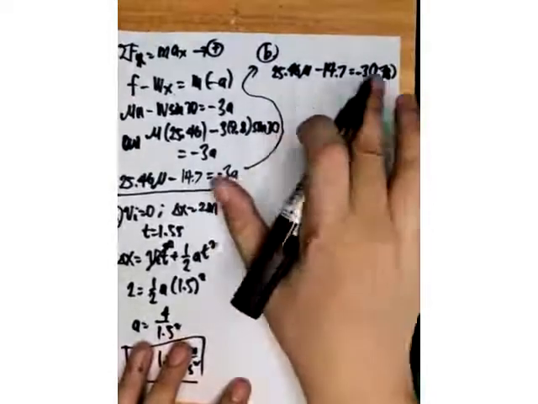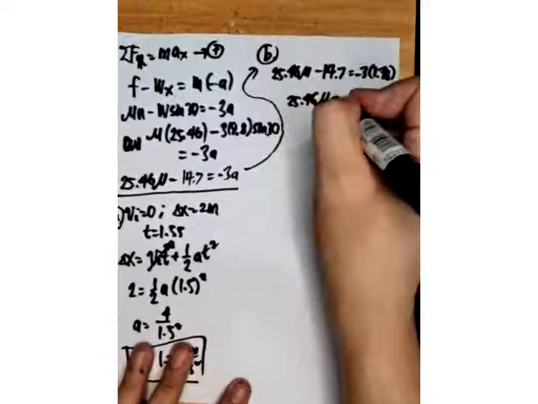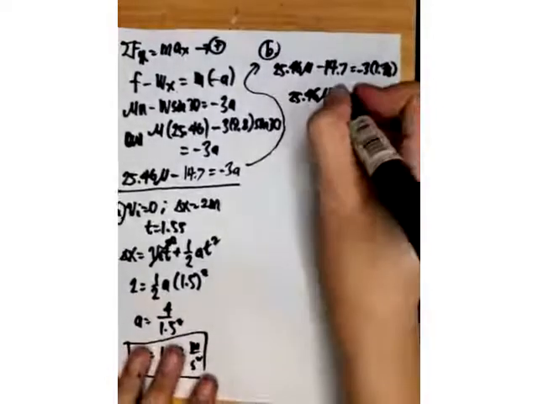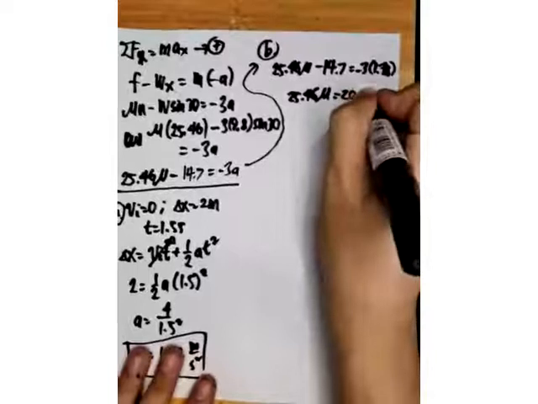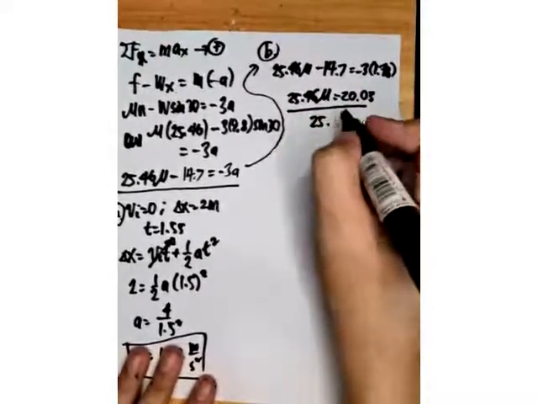Ayan. So transpose natin ito and then add natin. So this is 25.46 mu is equal to 20.03. Then divided by 25 point.